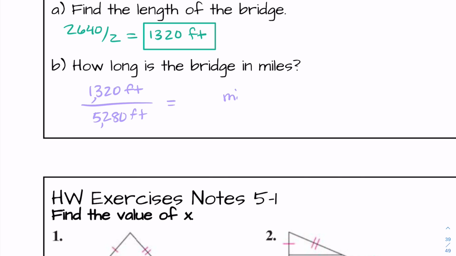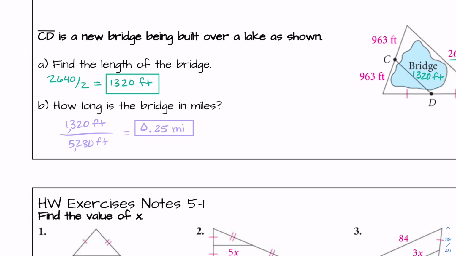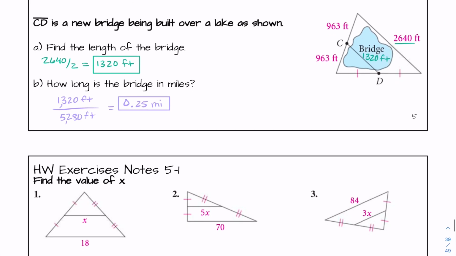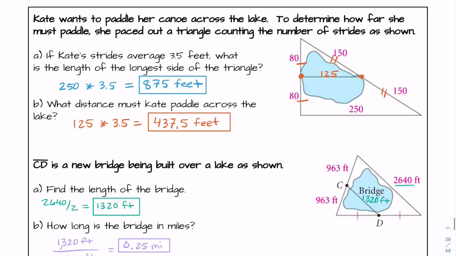So 1,320 divided by 5,280 is 0.25 miles. So the answer is 0.25 miles. So the bridge is 0.25 miles long. All right. And that's it.